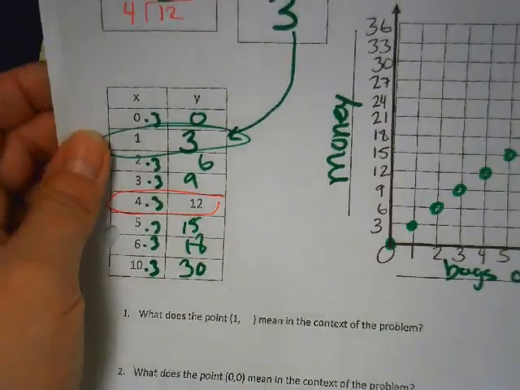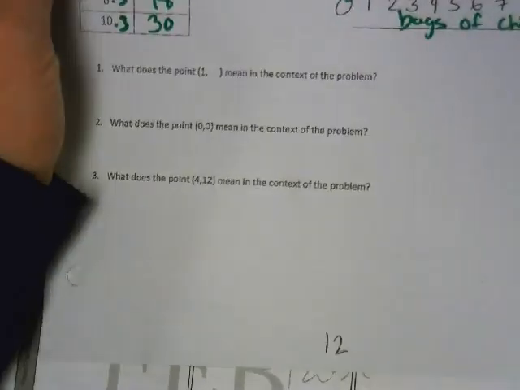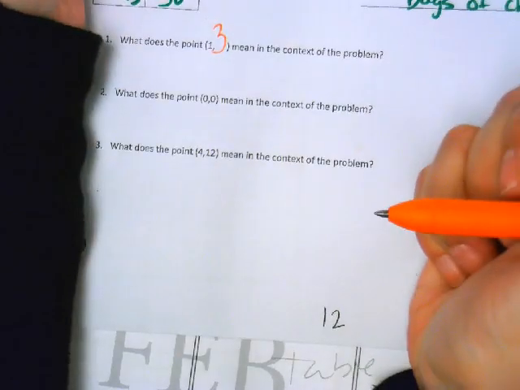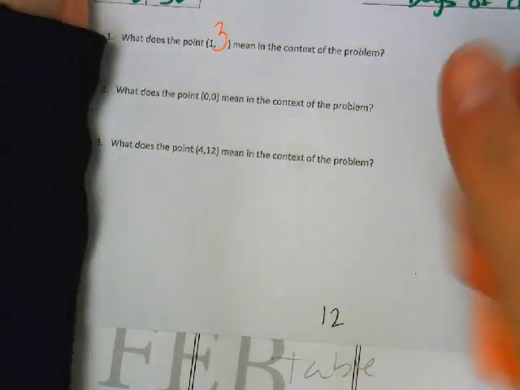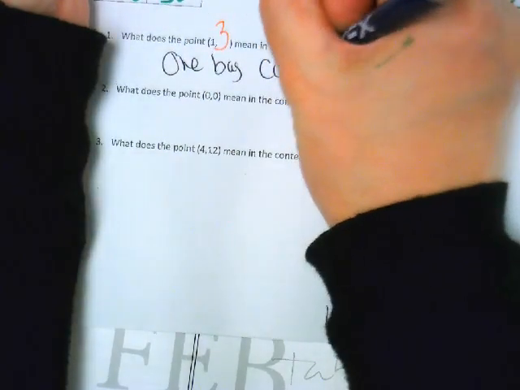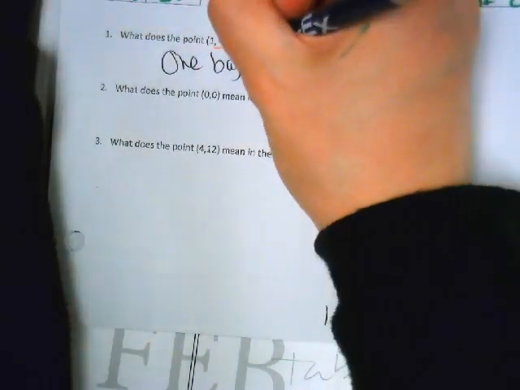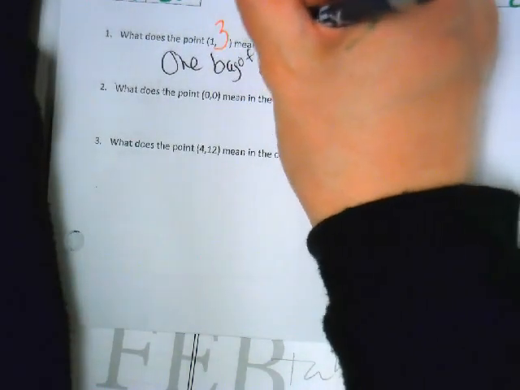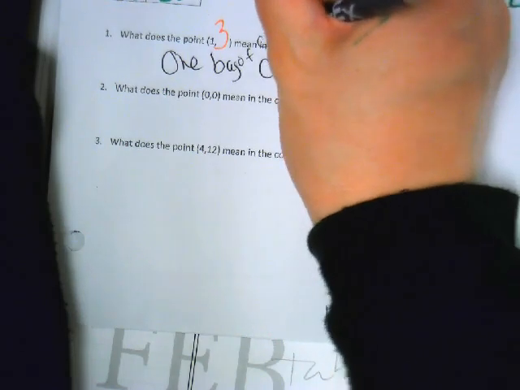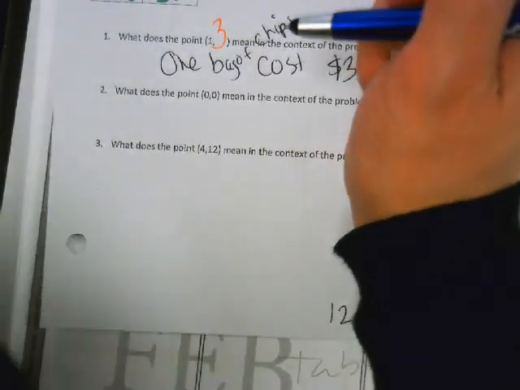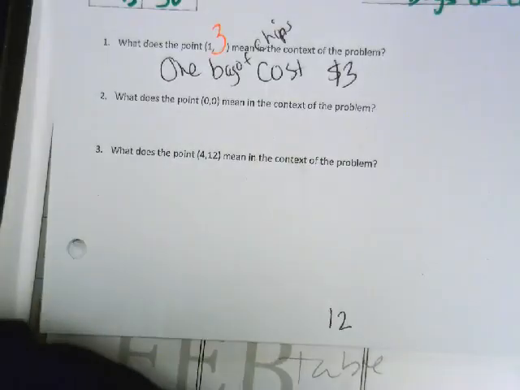All right. Let's answer these questions at the bottom. What does (1, 3) mean in the context of the problem? One bag of chips costs $3. Good. Can I put one chip costs $3?